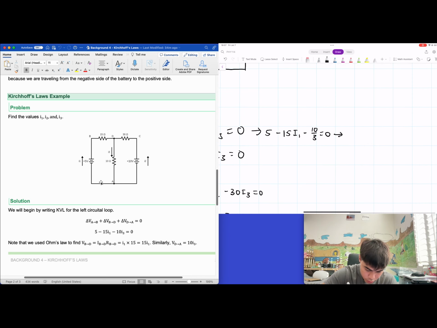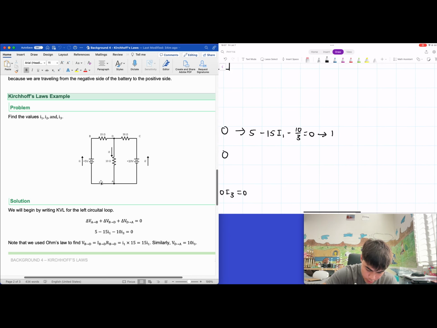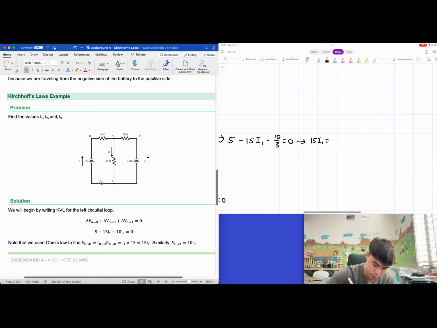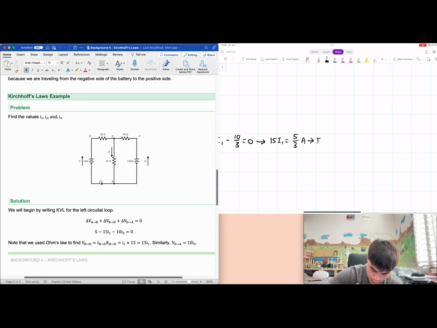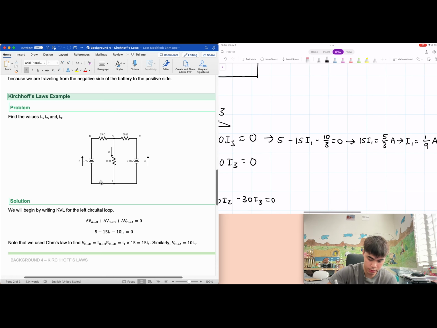And so 15 I1 equals 5 over 3 amps, and then dividing by 15 on both sides gives us I1 equals 1 over 9 amps.